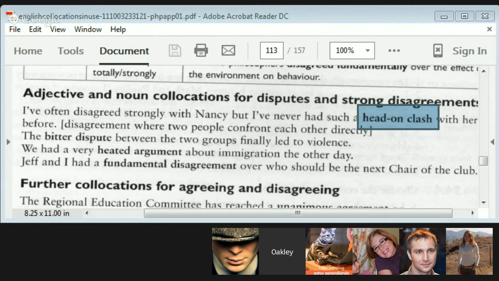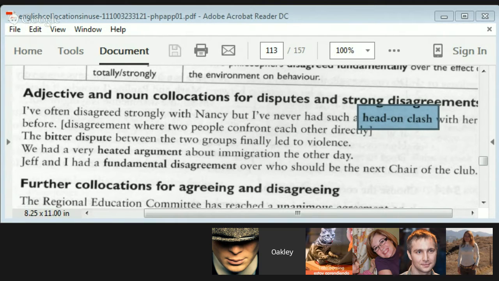No. Yeah, I said one seat in the bus, and two people want to sit on it. Oh, sit in it. I see what you're saying. They could have a head-on clash, or yeah, I guess so.